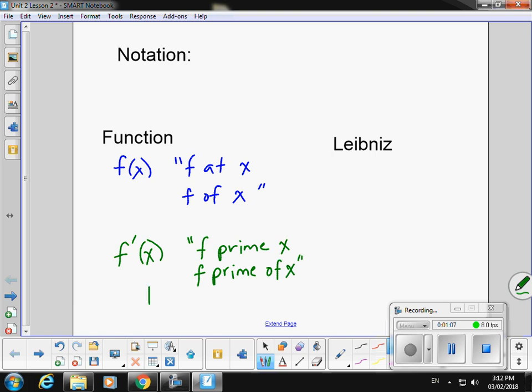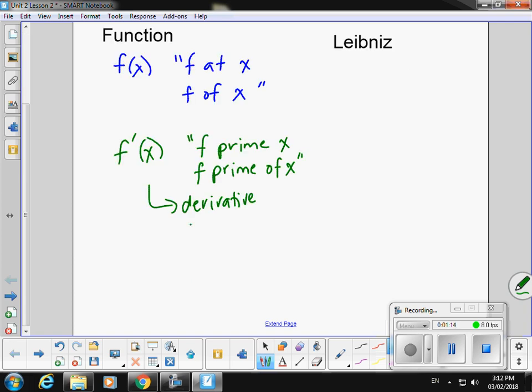And it refers to the derivative function, the slope of the tangent, when we're in function notation.